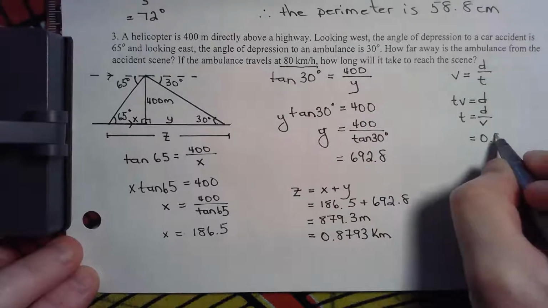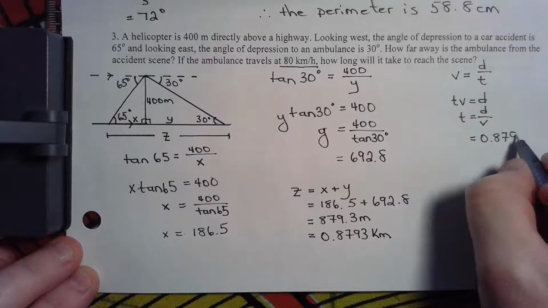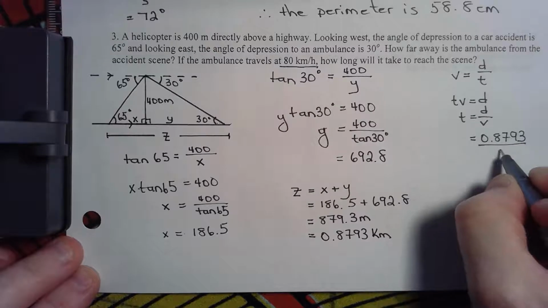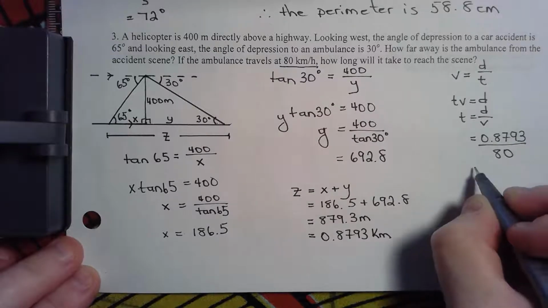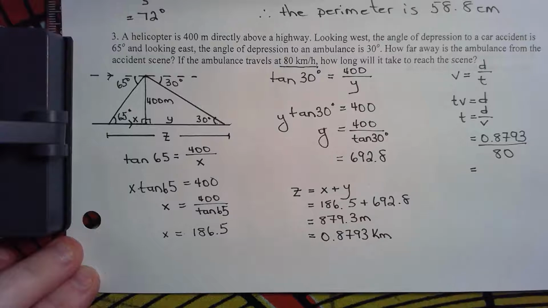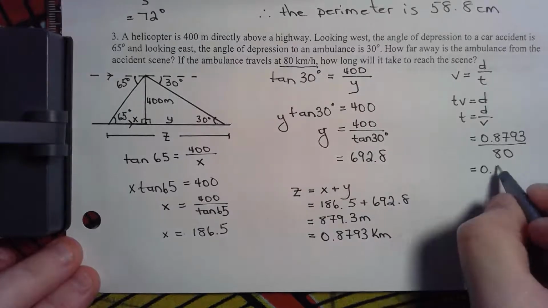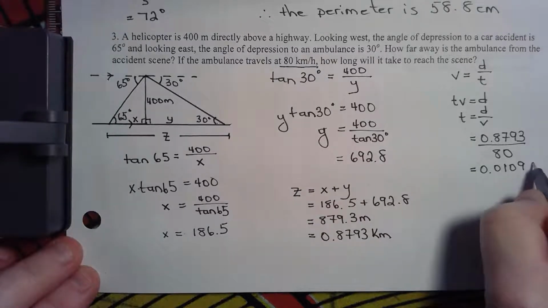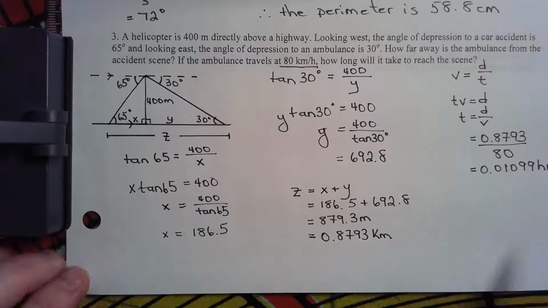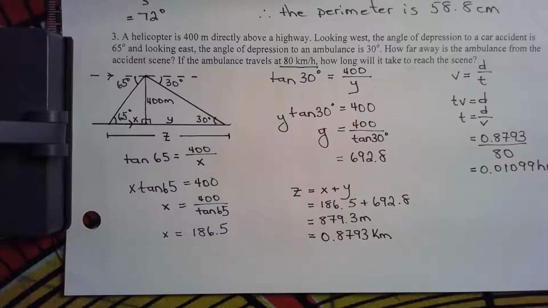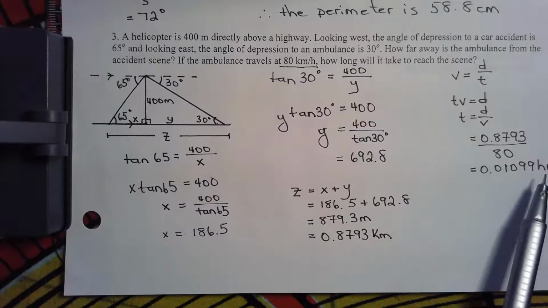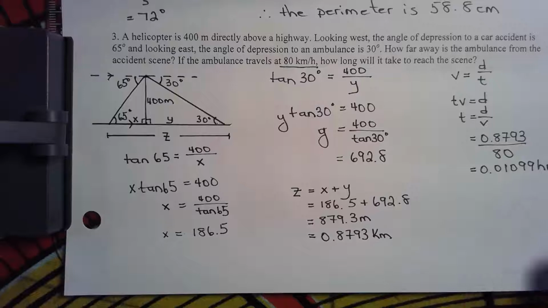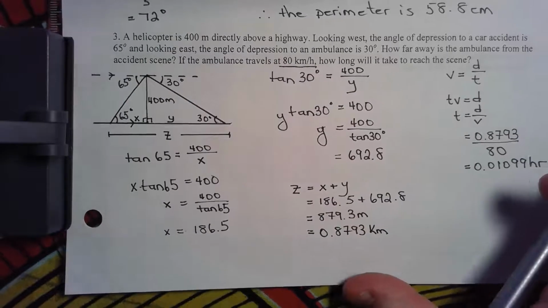So I have 0.8793 kilometers divided by 80 kilometers an hour is equal to 0.0109 of an hour. And that really doesn't mean a lot to us, so we probably want to convert that hour into seconds or minutes.